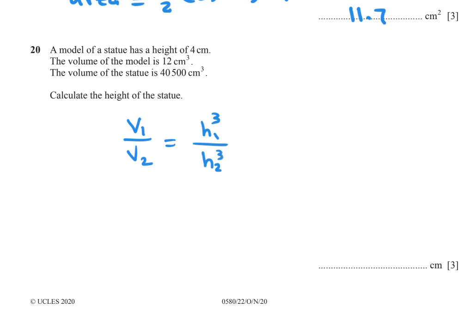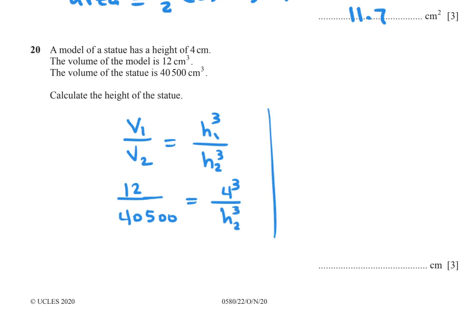So 12 over 40,500 equals 4 to the power 3 over h2 to the power 3.